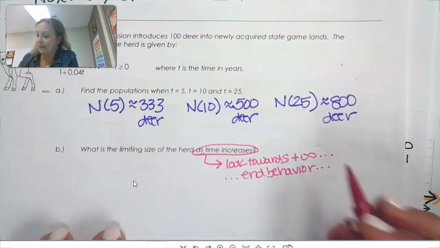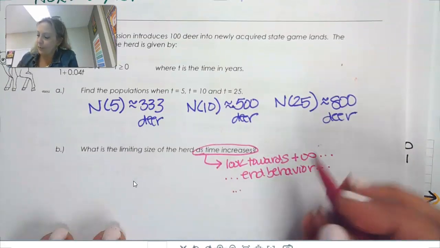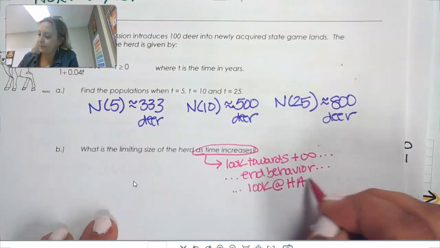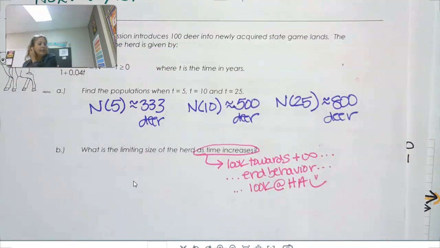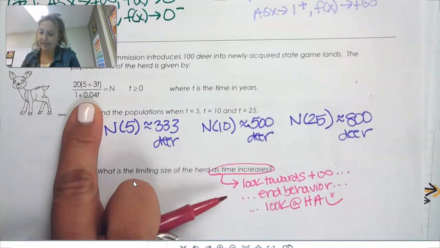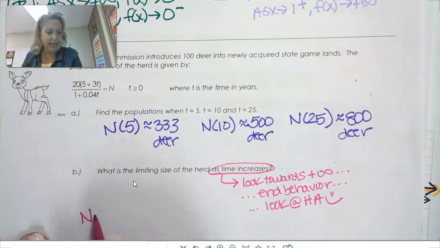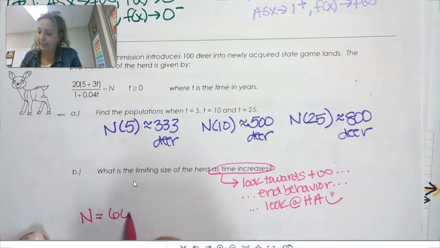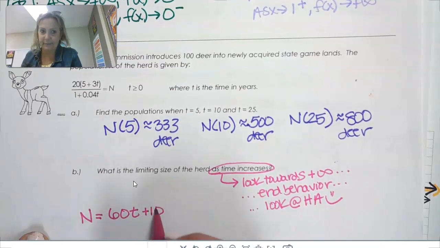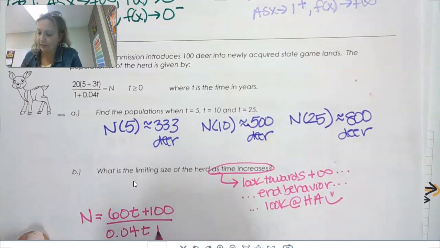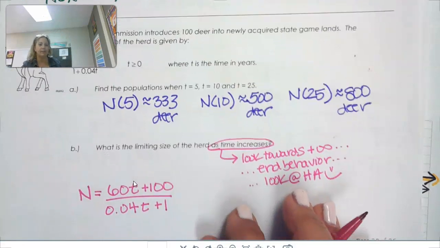And when it's asking about the end behavior, don't we just look at our horizontal asymptote? Okay. So when we look at this equation, if I were to simplify it, if I were to distribute, I would get N equals 60t plus 100, and then over 0.04t plus 1, just so I can better compare my degrees.